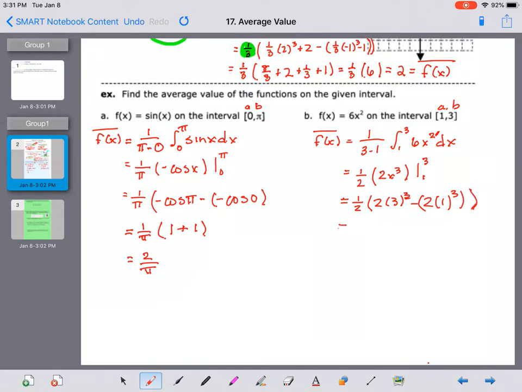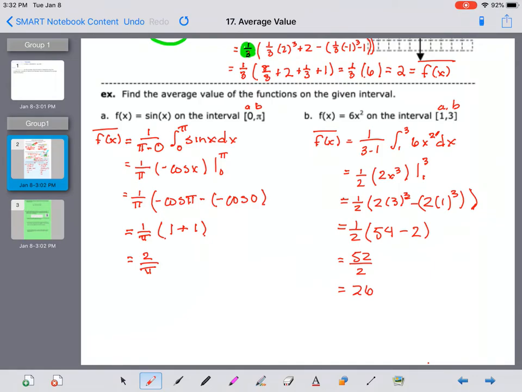That's terrible. Okay, now let's do some calculations. So 3 cubed is 27. 27 times 2 gives us 54. Minus 2, which gives us 52, and when I multiply that by 1/2, it simplifies down to 26. Okay, so the average value.